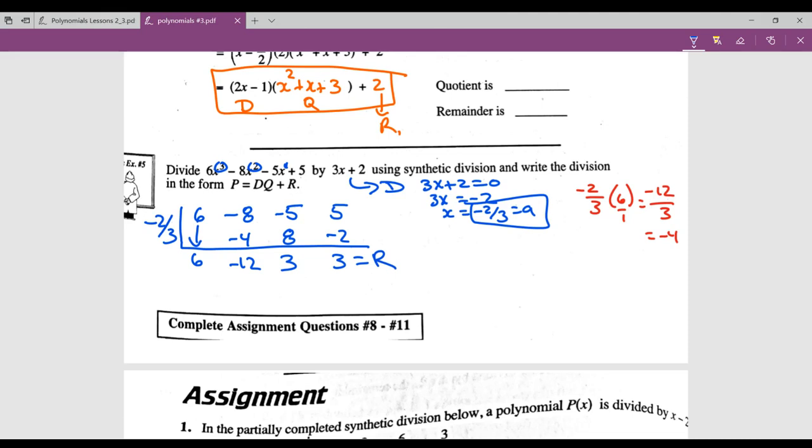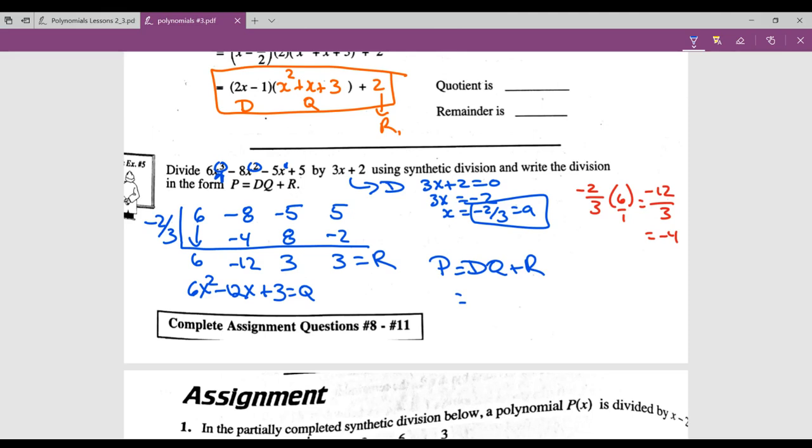We started with a cubic there, so we're going to get a quadratic. So this is 6x squared minus 12x plus 3, my quotient. So then I go, okay, the dividend is d times q plus r.